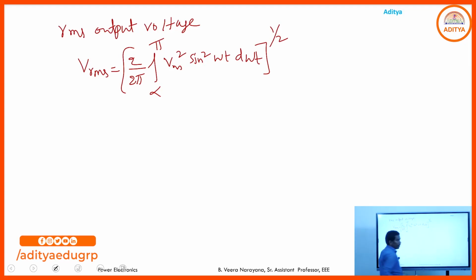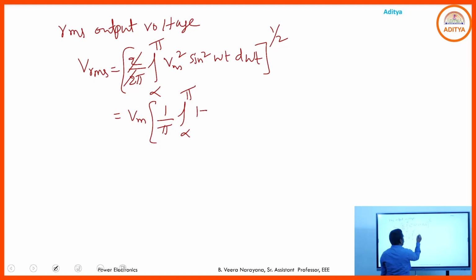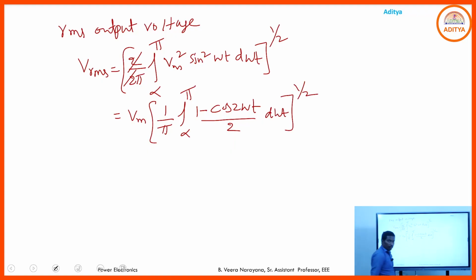By simplifying, take Vm square out of the whole power 1 by 2, the 2 gets cancelled, 1 by pi integral alpha to pi, and sin square omega t is written as (1 minus cos 2 omega t) by 2 d omega t, whole power 1 by 2.